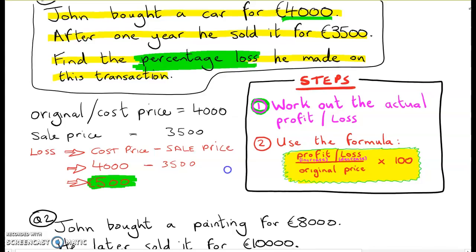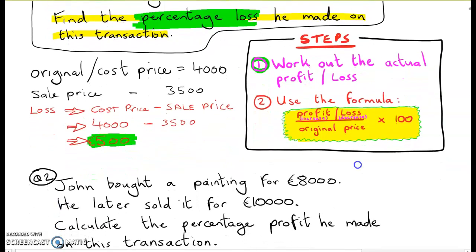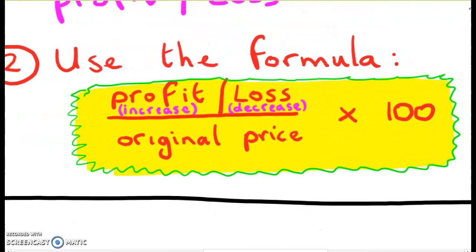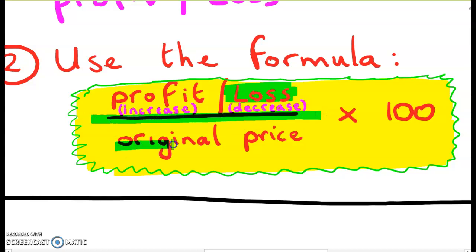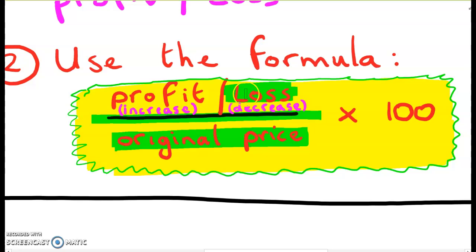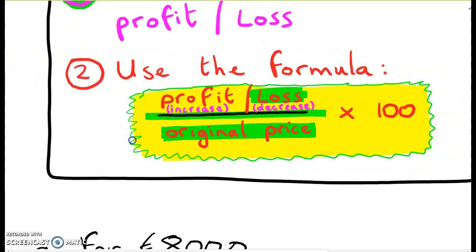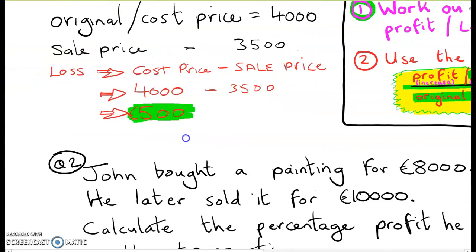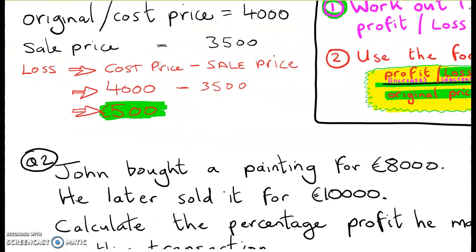Now, to find the percentage loss, we need to use this formula. You put your profit, or in this case your loss, over the original price. Remember, he bought the car for $4,000, so that's the original price. So we put 500 over 4,000, and then you multiply it by 100. That's the formula for percentage profit or loss.